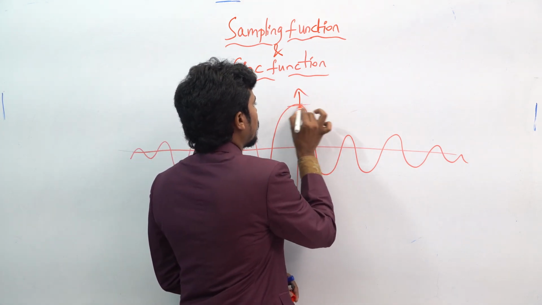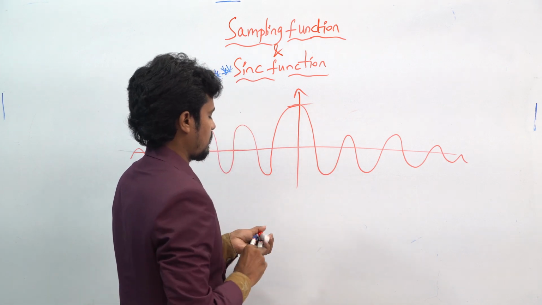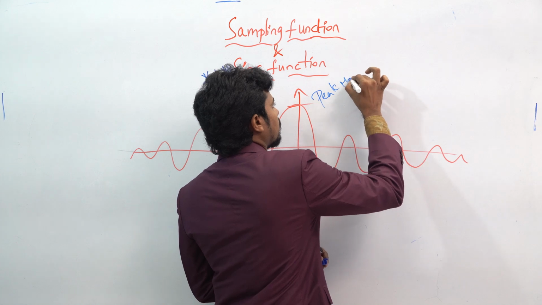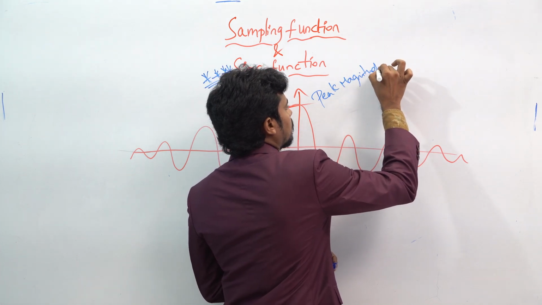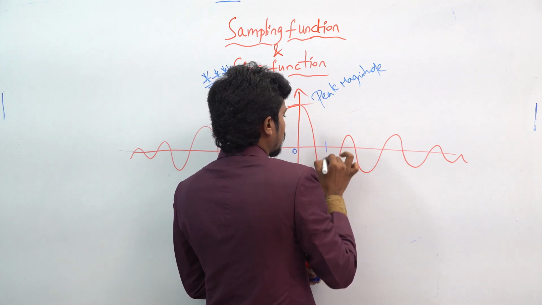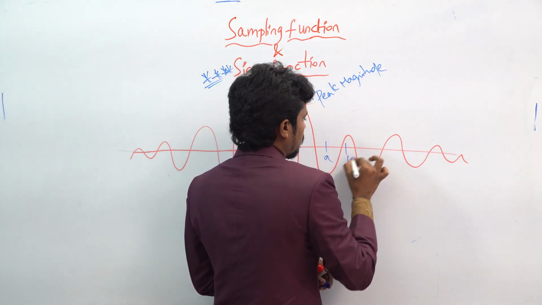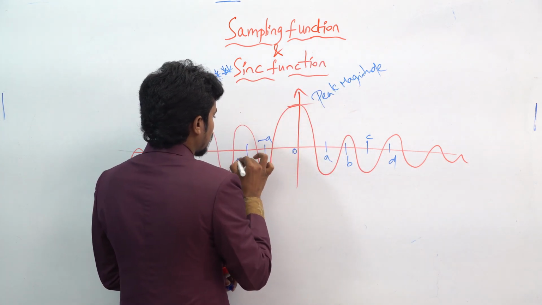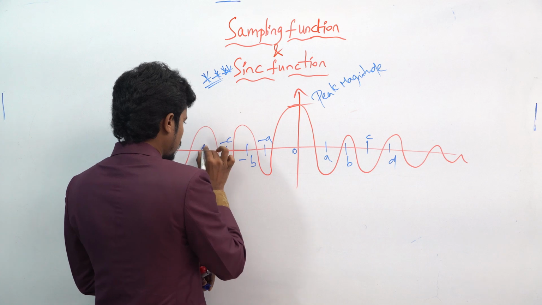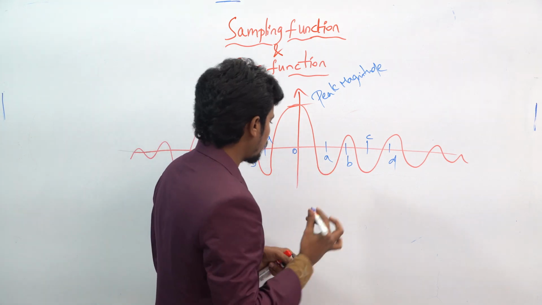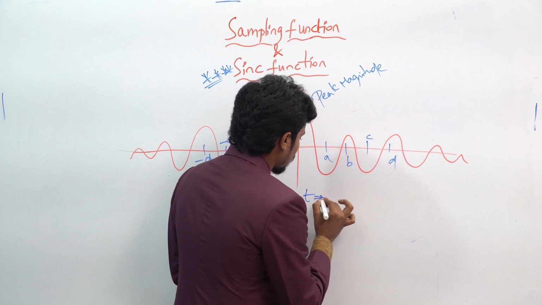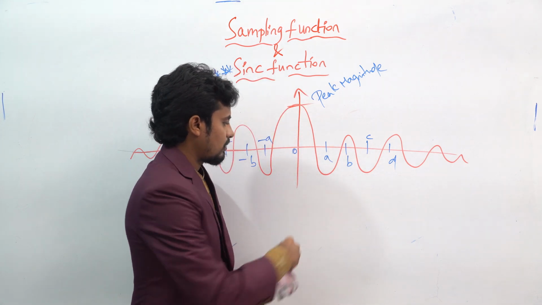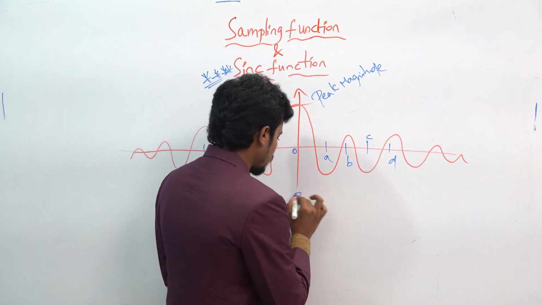So this will be the peak amplitude or peak magnitude, and here these will be A, B, C, D. Here also, these will be minus A, minus B, minus C and minus D. What will be the function for the sinc of t?